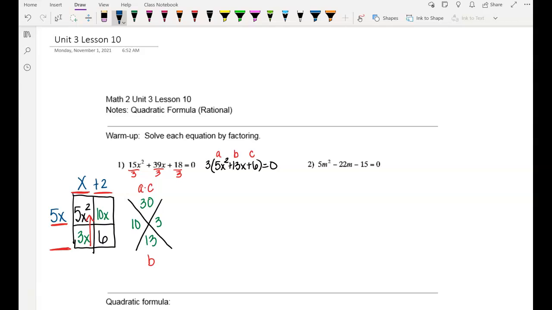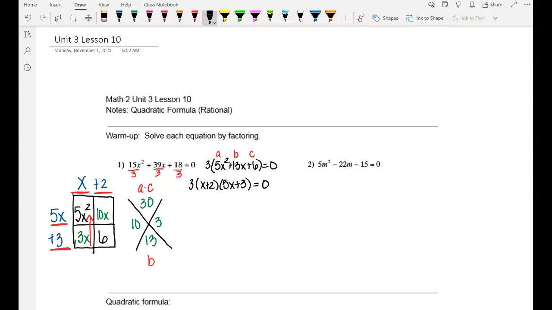The lower left, to get 3x, I have to take x times positive 3. So 3 times the quantity x plus 2 times the quantity 5x plus 3 equals 0 would be the factored form.